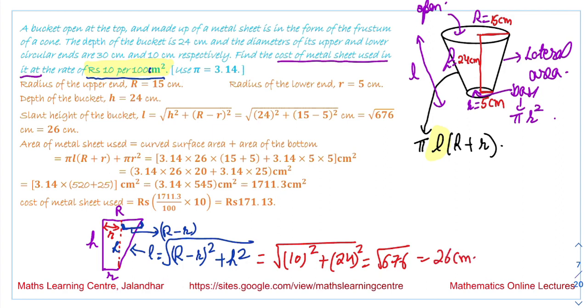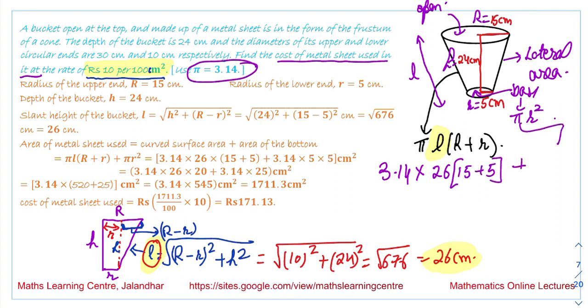This is the value of L that we have. It is equal to 26 centimeters. Now, if we substitute the values in the formula for the area, we take pi equal to 3.14, into the value of L, which is 26, into (R plus r), which is 15 plus 5, plus the area of this circle, so it is 3.14 into 5 into 5.